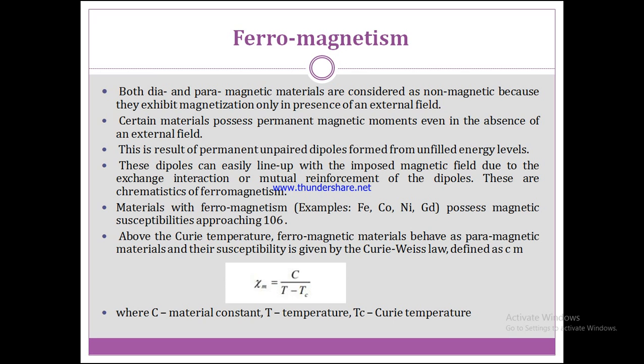This parameter makes the impact more powerful for ferromagnetic materials. In this type of material, the dipoles easily line up with the imposed magnetic field due to exchange interactions or mutual reinforcement of the dipoles. These are the characteristics of ferromagnetism.